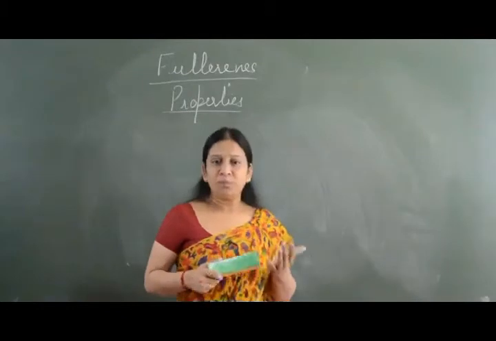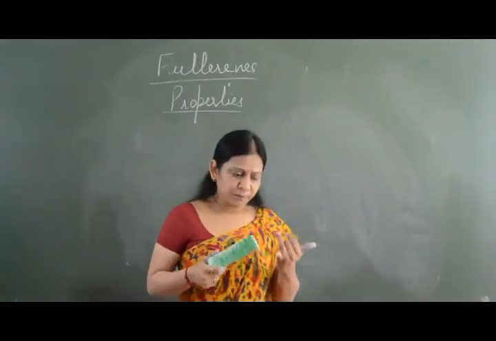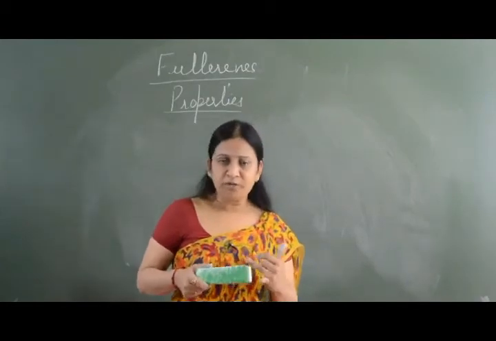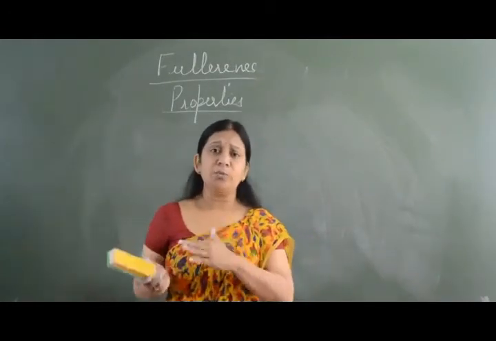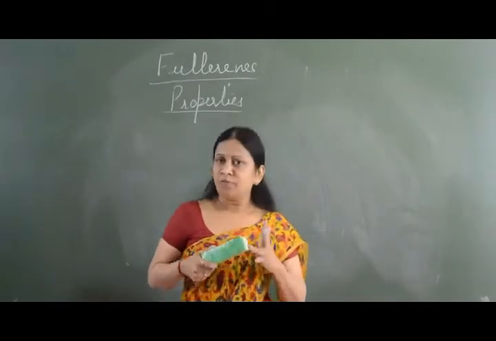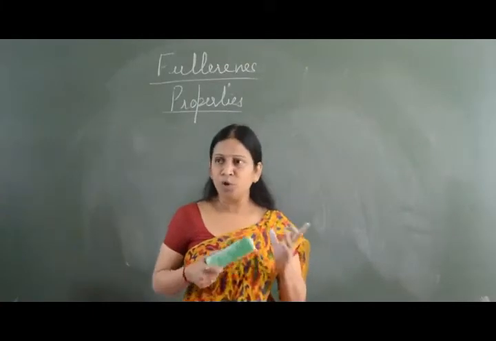And next we have properties. Regarding properties of fullerene, small fullerenes are brown in color, but as the size increases, the color changes from brown to black. Then it can function as a superconductor if we add an alkali metal into the pure fullerene.